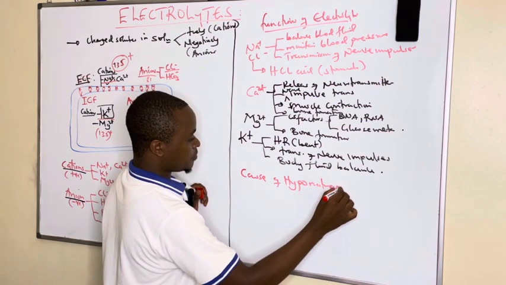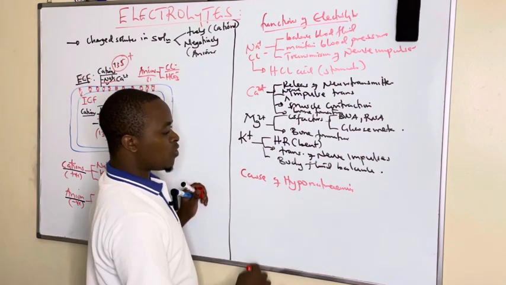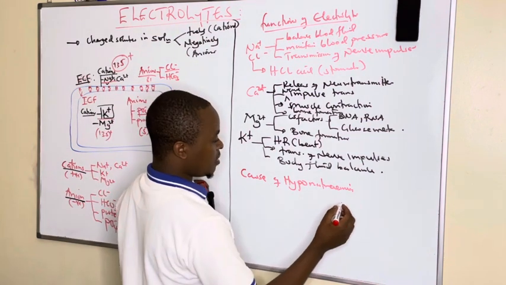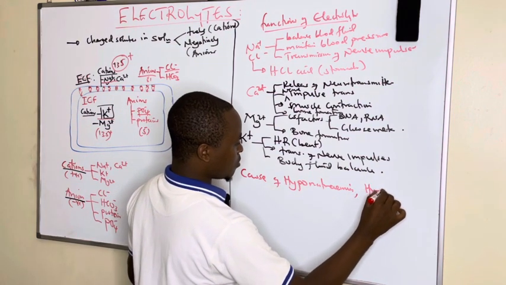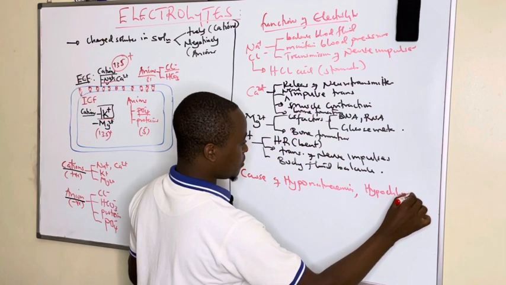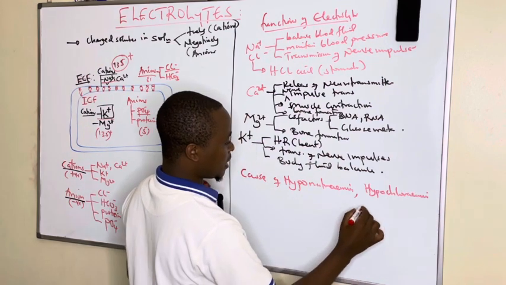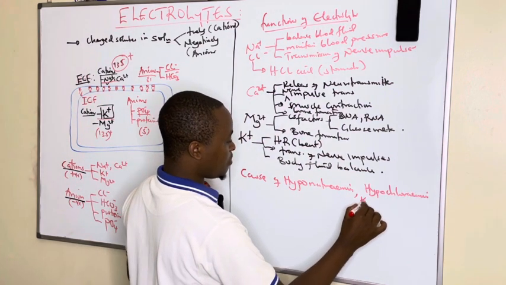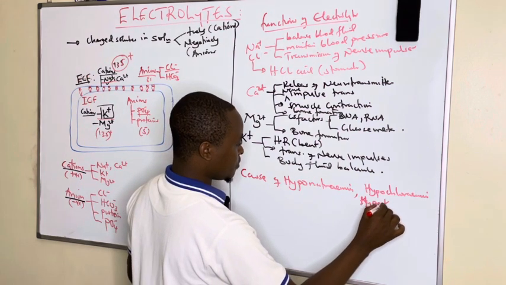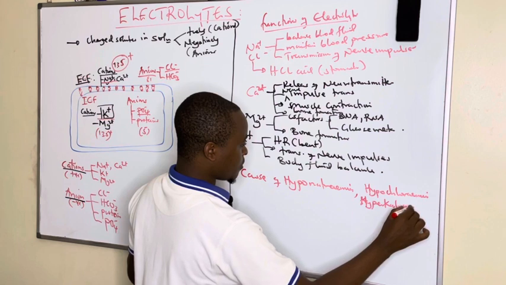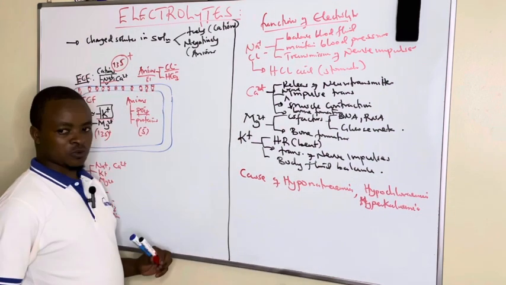The causes of hyponatremia will be the same causes of hypokalemia. At the same time, they can be the same causes of hyperkalemia, with exception which I will show you.